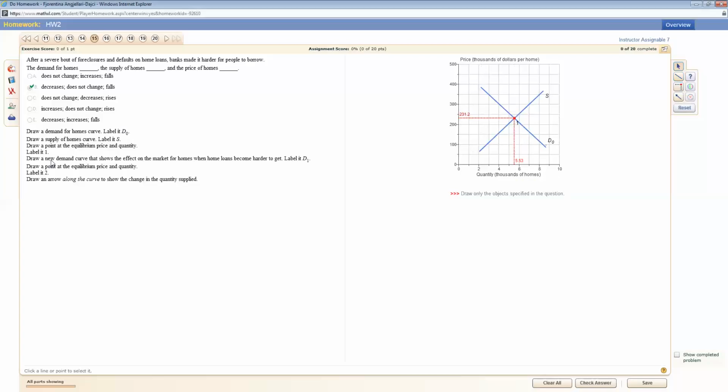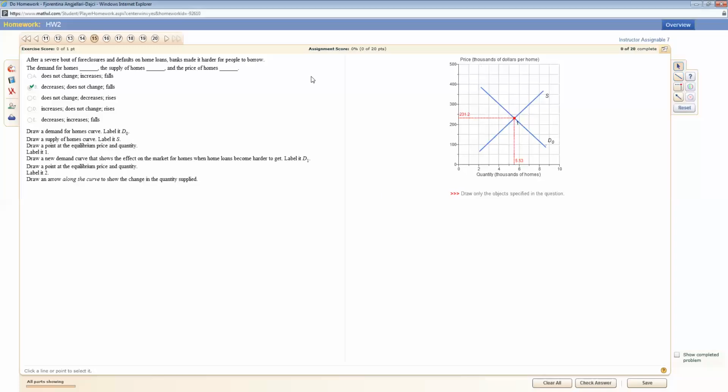Next, you're asked to draw a new demand curve that shows the effect of the foreclosures, which means the decrease in the demand for homes, which we're going to label D1. We know that every time a curve is shifted to the left, we have a decrease, thus a decrease in the quantity demanded at any price.